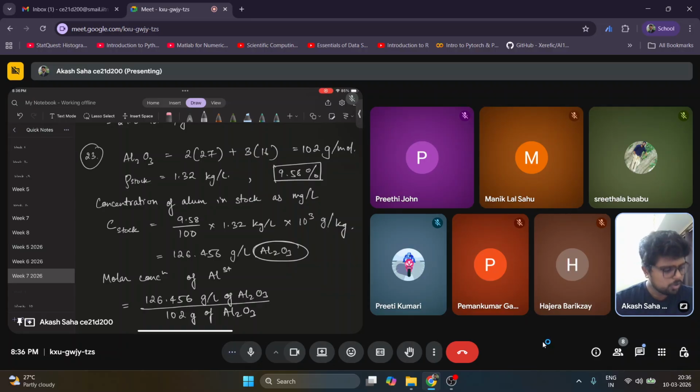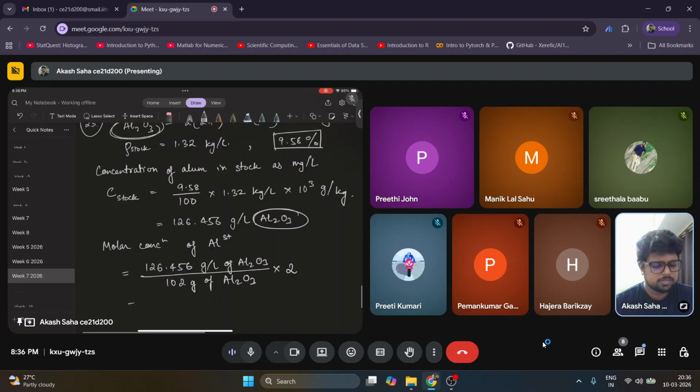And then for each mole of Al2O3, we have 2 moles of Al3+, so we multiply by 2. So this will be 2.497 mole per liter, or 2.497 M. Practically, many times we report like this, either in terms of Al3+ or Al2O3.